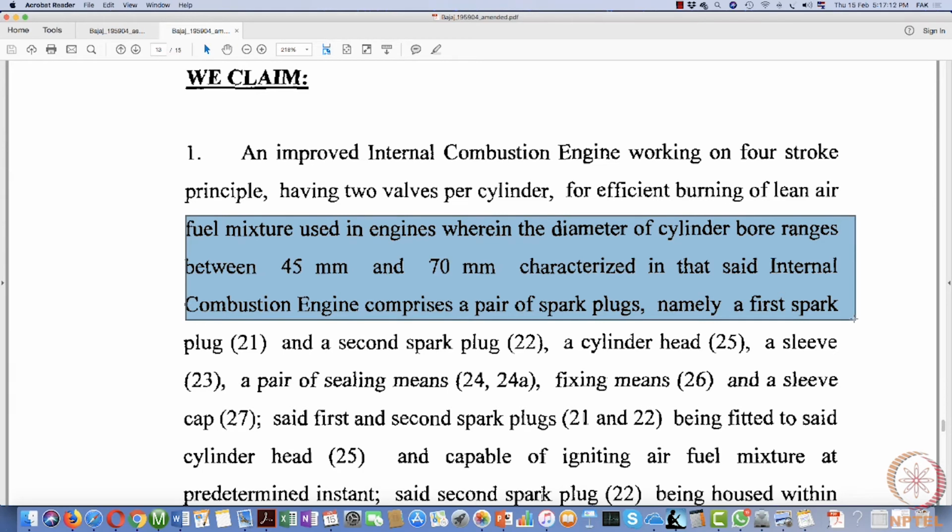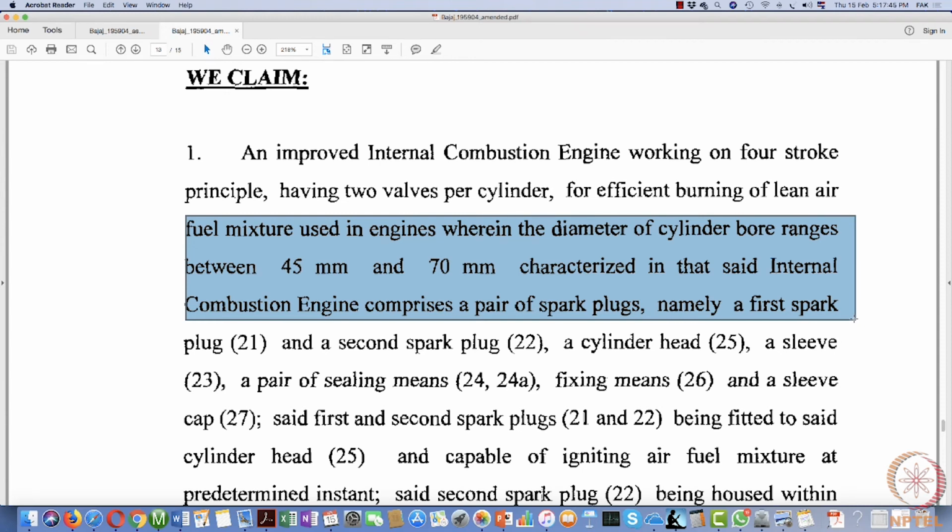So what had happened is that the cylinder has now been introduced with a restriction on the bore, and there is a range to its size, that is, 45 mm to 70 mm is the cylinder bore range within which this invention will now operate. Two spark plugs for a normal internal combustion engine could be used in any invention, but in this invention there is a restriction on the bore size.